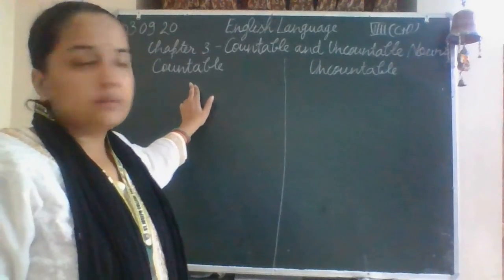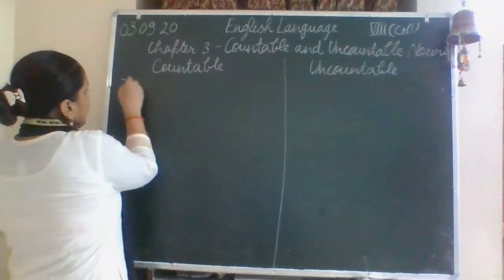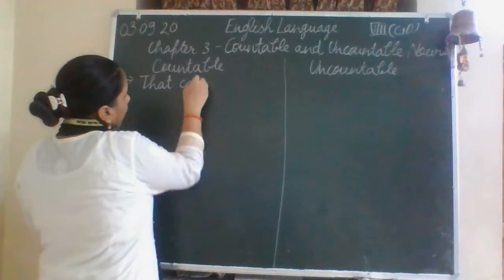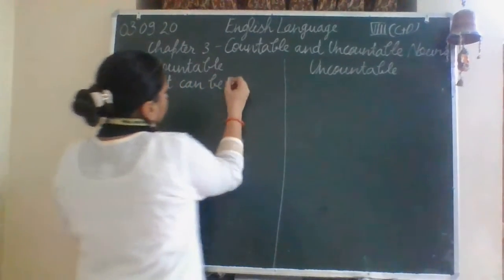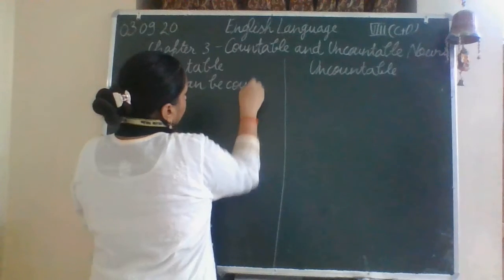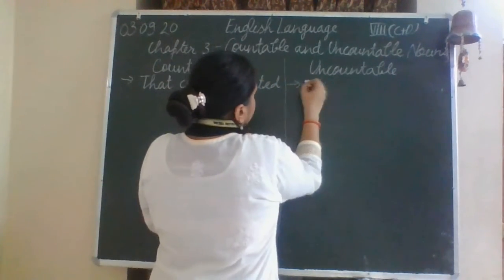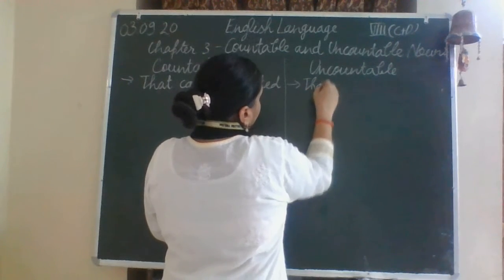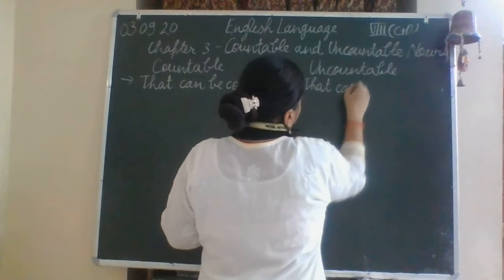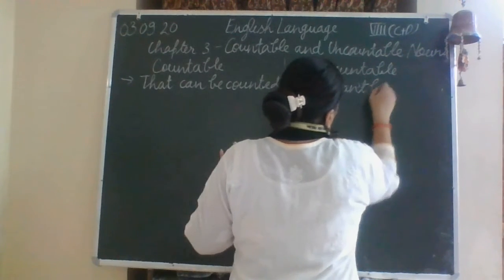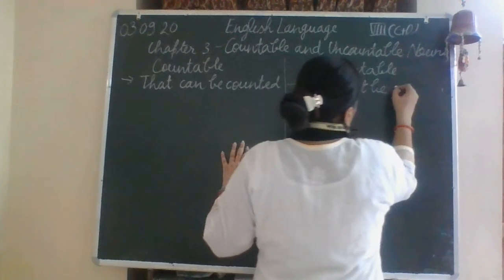First, the things that can be counted, and here the things that cannot be counted.